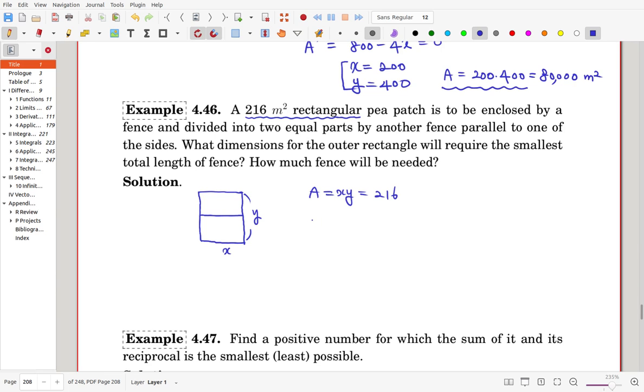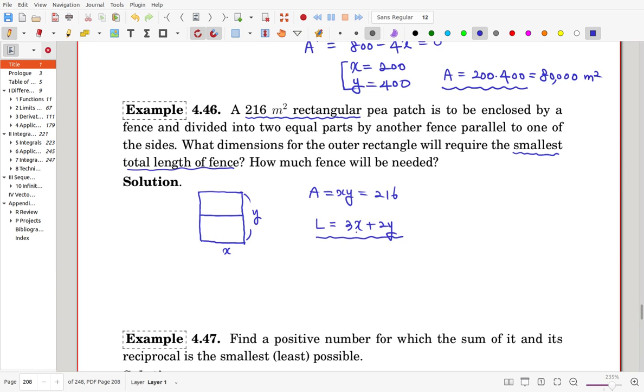And the fence length, that is now not really a perimeter, so let's use the notation L. The fence length will be, for x, we have 3x, and for y, we have 2y, right? Now, what we have to optimize is the fence length. So we have to find the smallest total length of fence.